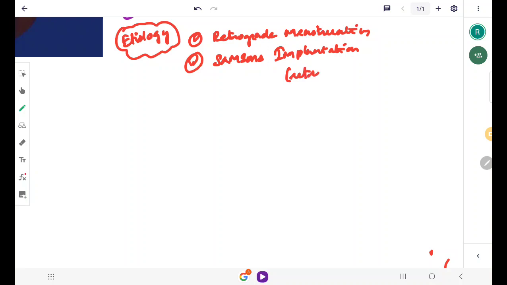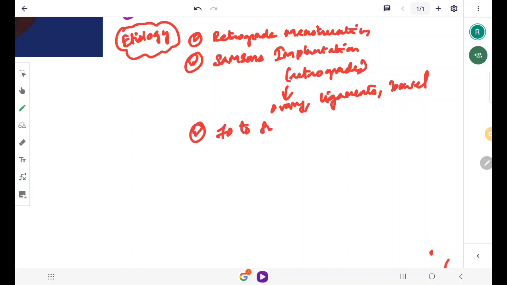That is called retrograde, the backflow of the bleeding. So the endometrium implants on the ovary, ligaments, and bowel. It's said that over 70 to 80% of all women of reproductive age have retrograde menses.